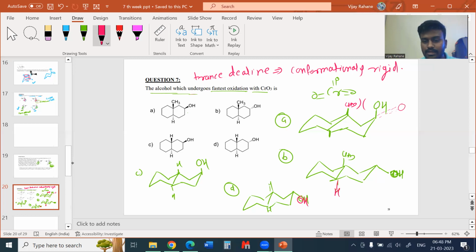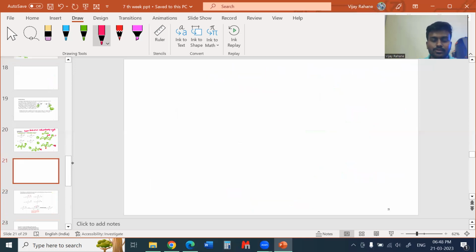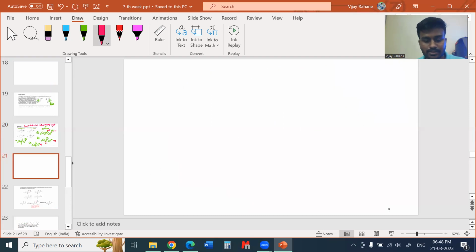So in equatorial and axial, the axial hydroxy group oxidizes faster. Why does this undergo oxidation faster?